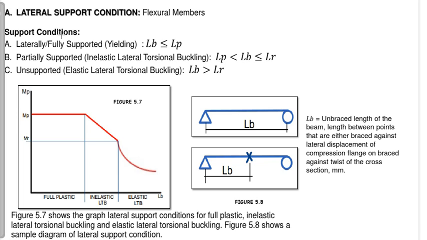So, kaya meron tayong isang factor which is the lateral support condition of our section. We have to evaluate this in addition doon sa ating compactness ng ating section to truly identify kung anong limit state meron yung ating section. So, in actual, lateral supports are in the form of intermediate beams.